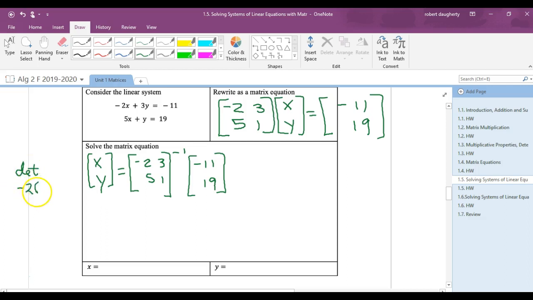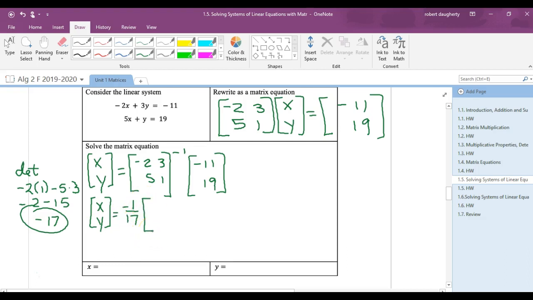Negative 2 times 1 minus 5 times 3. So that's negative 2 minus 15, which is negative 17. So this tells me that xy equals negative 1 over 17.